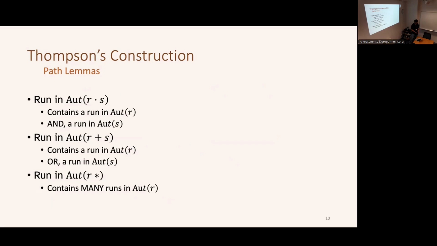And when we have runs in the automaton for the concatenation, we have to say that this run can be decomposed into a run in the automaton for R and the automaton for S. Or similarly, if we have a run in the automaton for R plus S, then it's either a run in the automaton for R or the automaton for S. And similarly, if we have a run for our Kleene star, then we can decompose this into many runs.